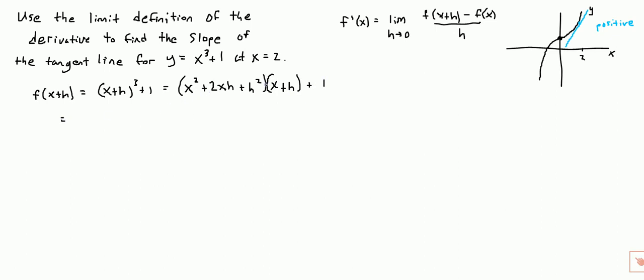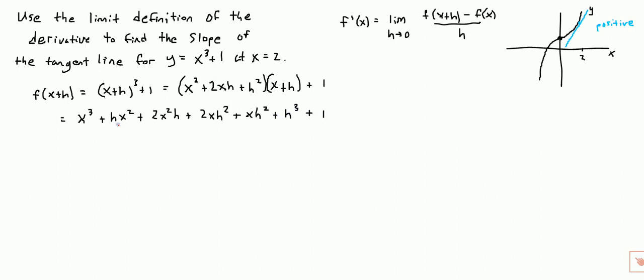And then I need to multiply these two together. So I'm going to get x cubed plus hx squared plus 2x squared h plus 2xh squared plus xh squared plus h cubed plus 1.